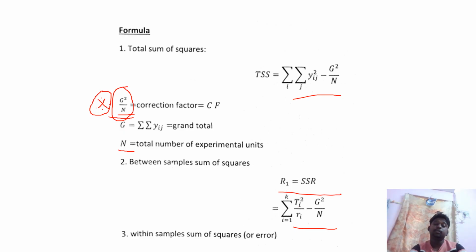For calculating the between-sample sum of squares, the formula is Ti squared by ri minus G squared by n.